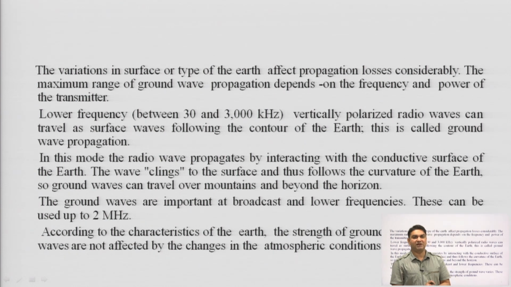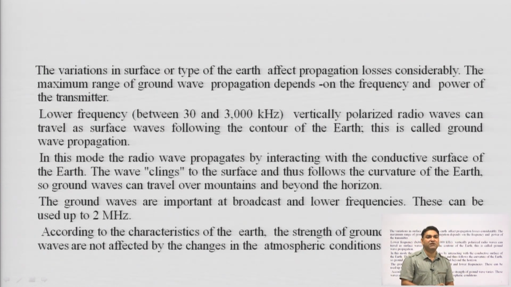When the power of the transmitter is increased, obviously the distance between the transmitting and receiving end can also be increased, because the ground losses are taken from the transmitted power, so when the power is high, the distance can also be increased.